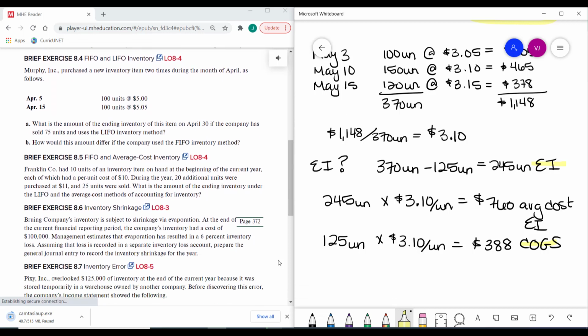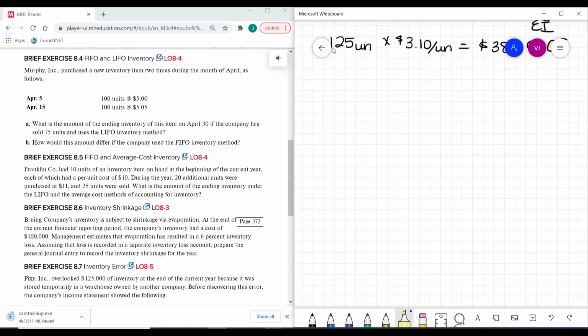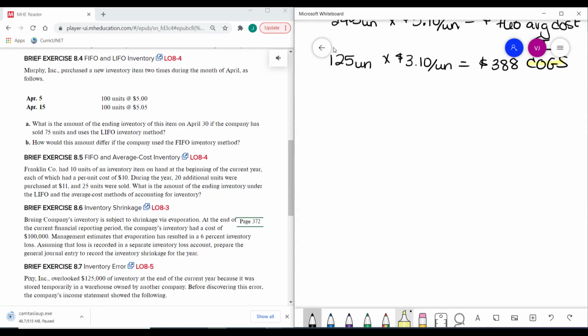Let's move on to 8.4. Okay, Murphy Incorporated purchased a new inventory item 2 times during the month of April as follows. April 5th, they purchased 100 units at $5 each.